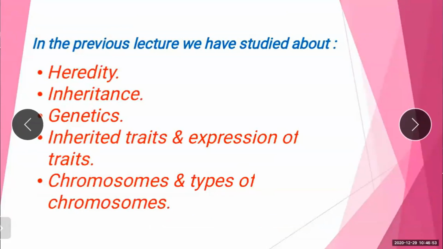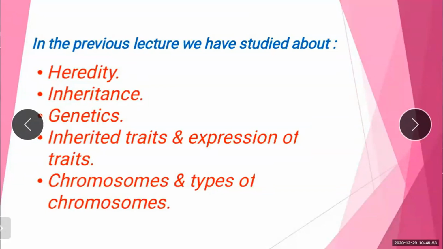Then we have seen the topic inheritance. What is inheritance? The tendency to transmit the variations from one generation to the next is called inheritance. Then genetics. Genetics is a branch of biology which studies the transfer of characteristics of organisms in the form of genes from one generation to the next.